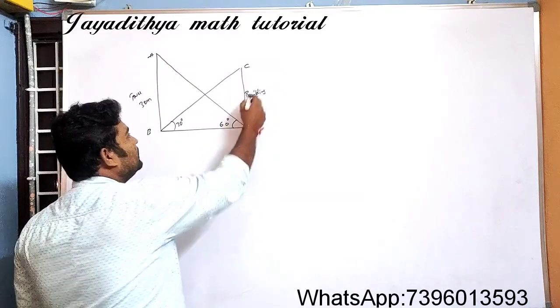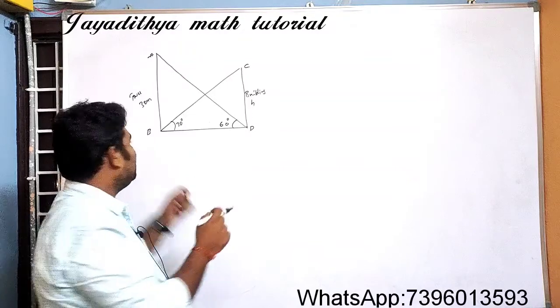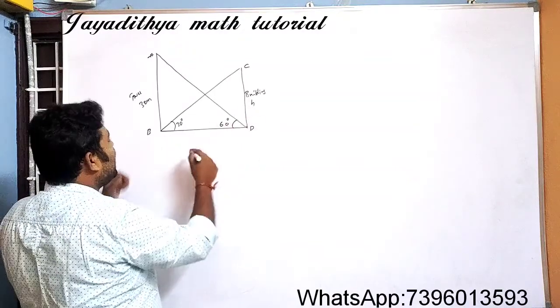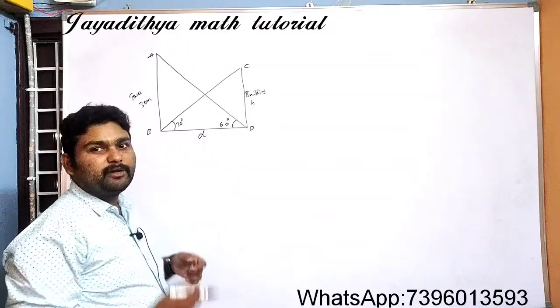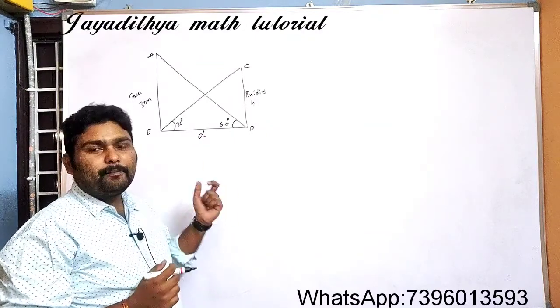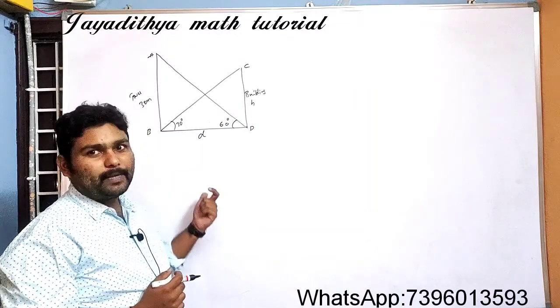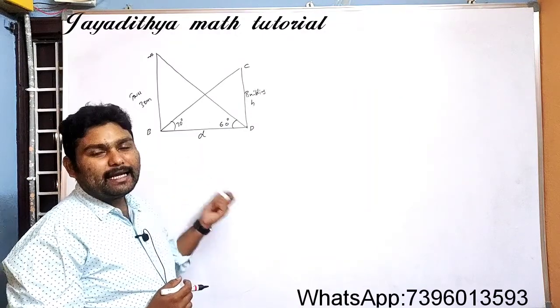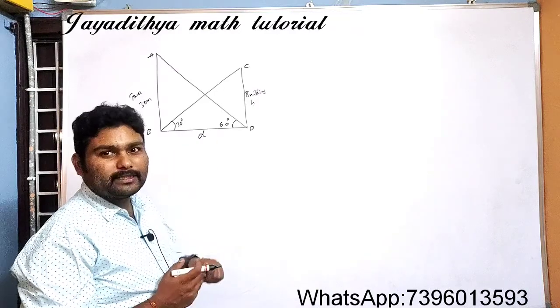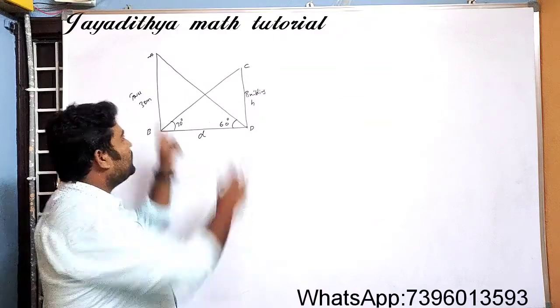Let us take the height of the building as H, and let us take one more thing, the distance between the tower and the building as D. Why? Because here we will be applying the trigonometric ratio for both the triangles. For two triangles, you need one right angle and also one common side, because to create a relation you need one common side for both triangles.